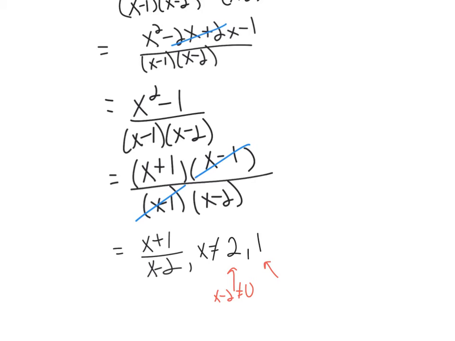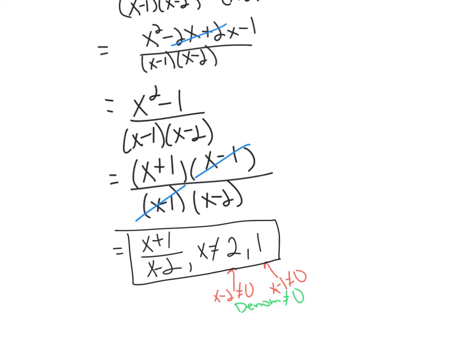So again, this is because x minus 1 cannot equal 0. And both of those are because your denominators cannot equal 0. So your full complete answer to these two rational expressions added simplifies to x plus 1 divided by x minus 2, with the inclusion that x cannot equal 2 or positive 1.